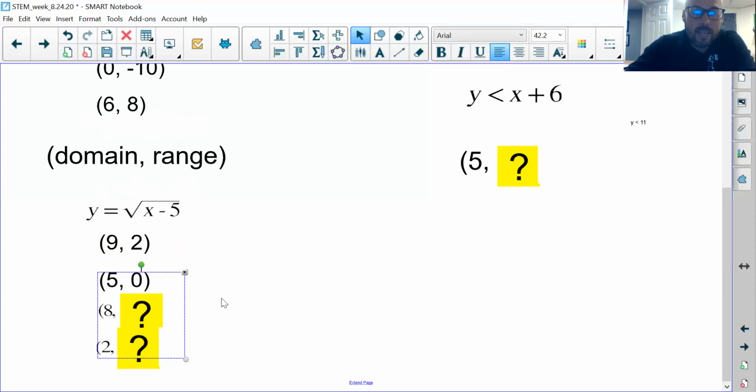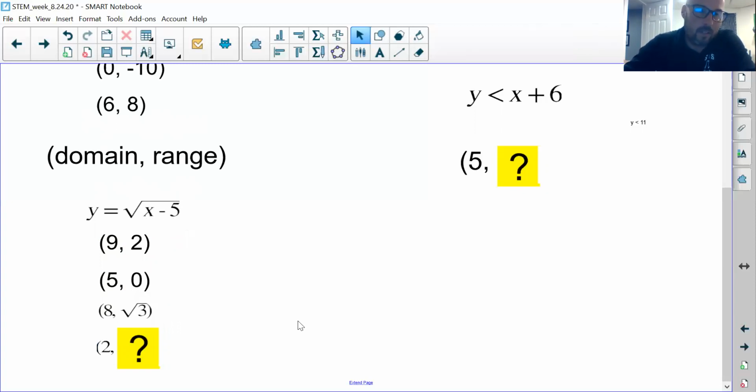If you plug in 8, what do you get when you plug in 8 for x? 8 minus 5 is 3. You get the square root of 3. So the square root of 3 belongs in the range. 8 belongs in the domain. 2. If you plug in 2 into x, you get 2 minus 5, which is negative 3. Now what's the square root of negative 3? That is an imaginary number. And most often when we talk about domain and range, we exclude imaginary numbers.